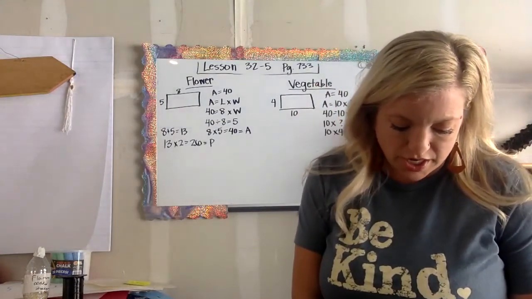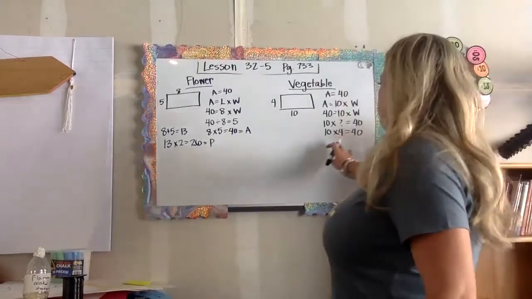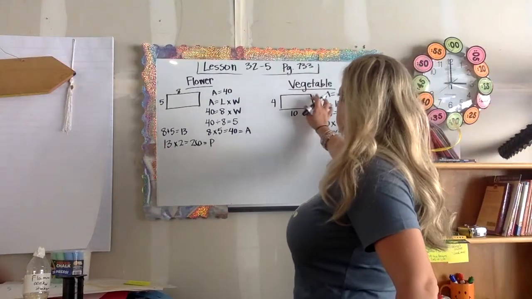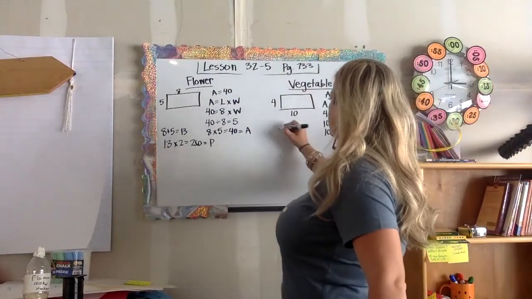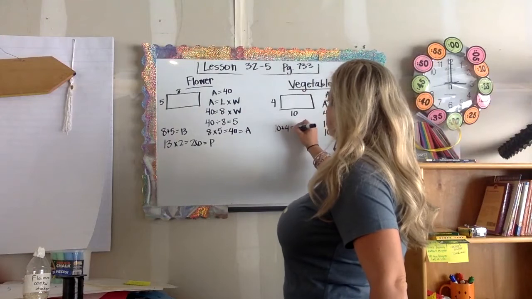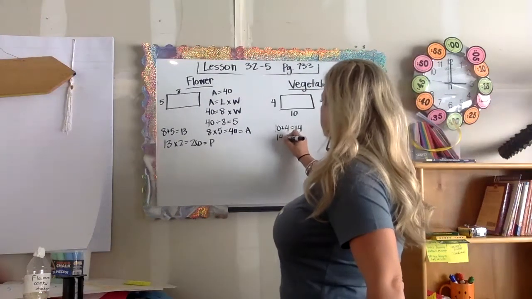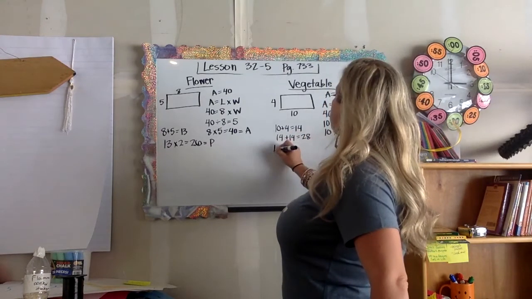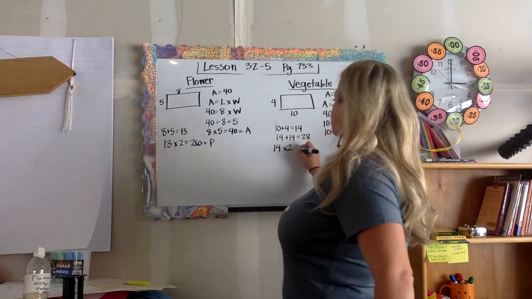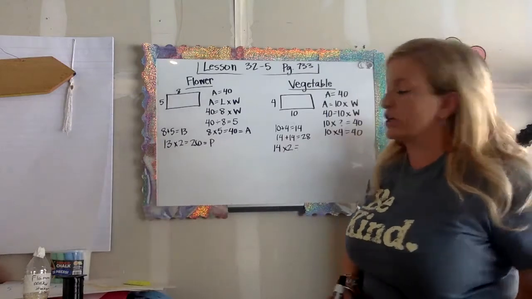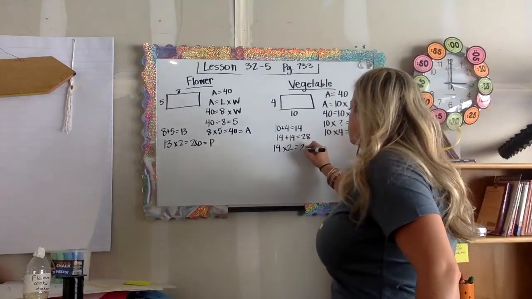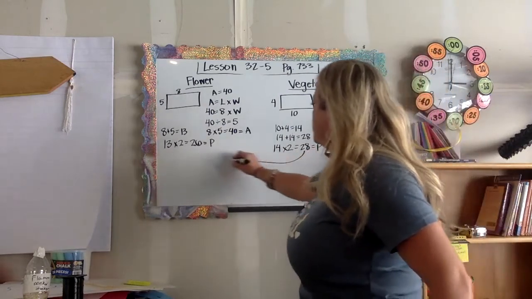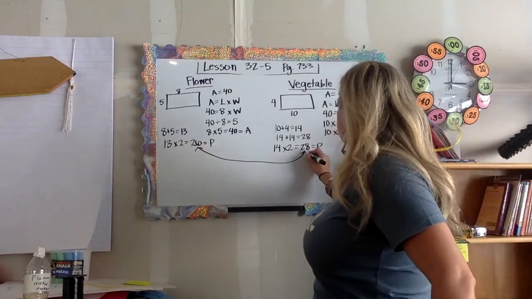Which garden has the greatest perimeter? So that means we need to figure out what this perimeter is. I know I can do 10 plus 4 plus 10 plus 4, or I can do my shortcut of 10 plus 4 is 14. 14 plus 14 is 28, or 14 times 2, because all multiplication is repeated addition. 14 times 2 is 28. That's the perimeter. So it's saying which one is greater? Is it 28 or 26?